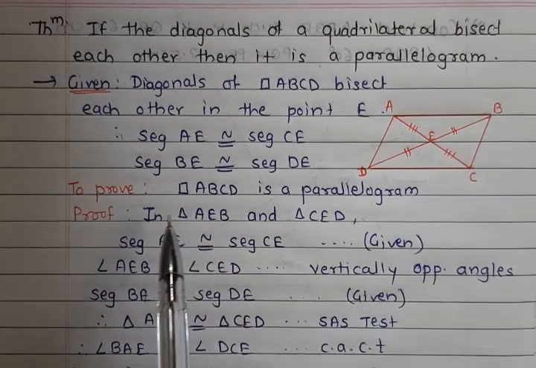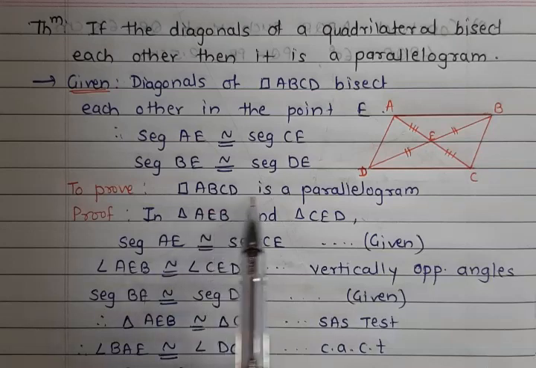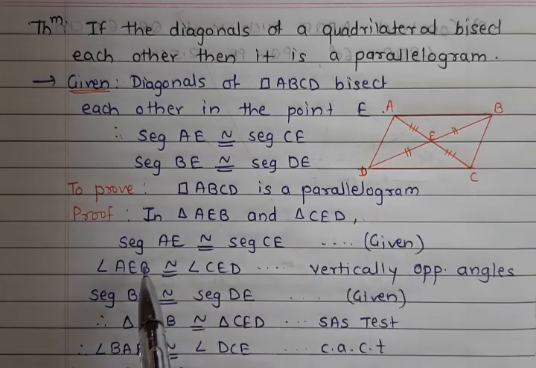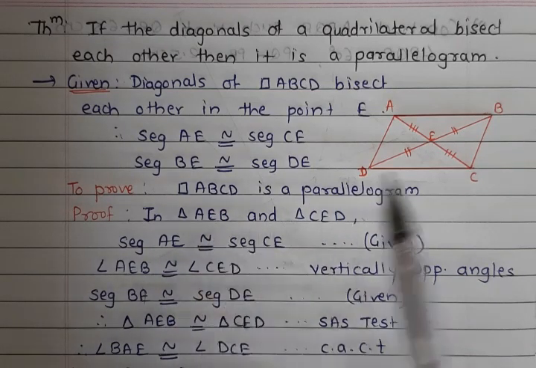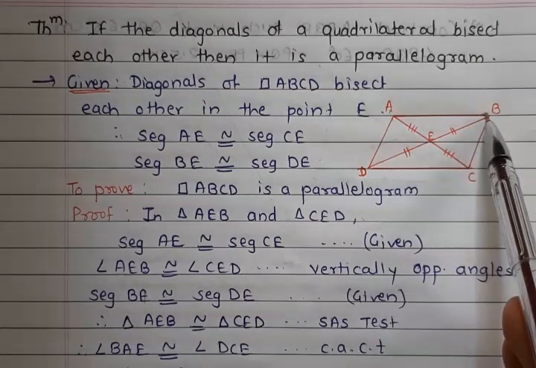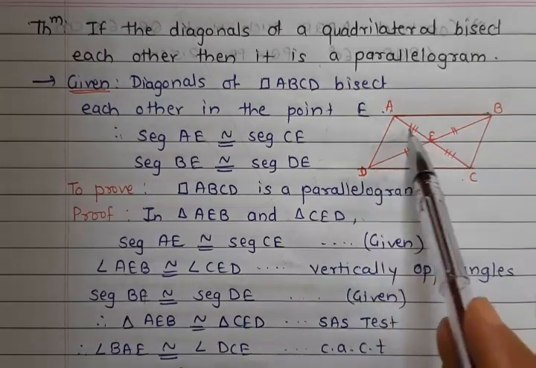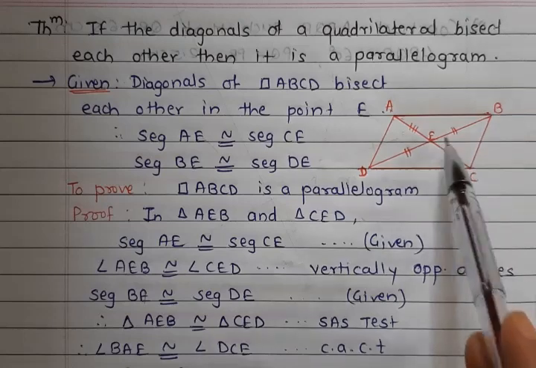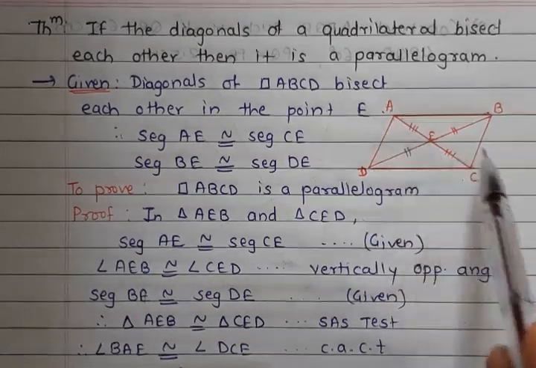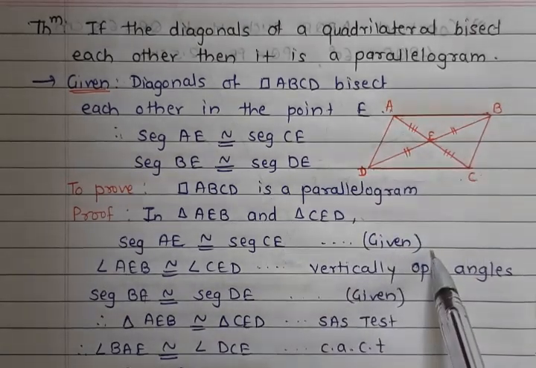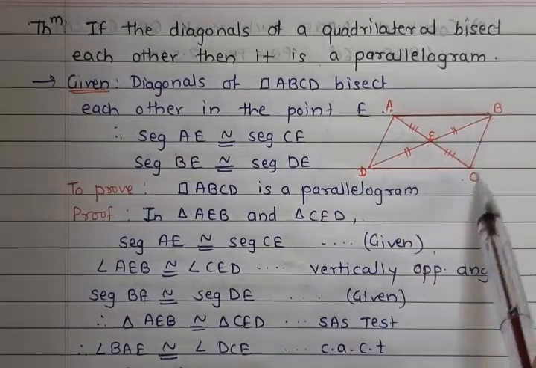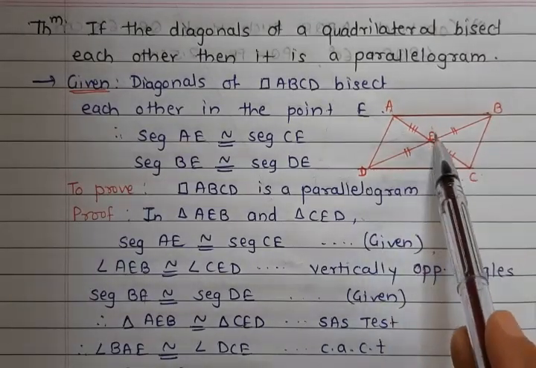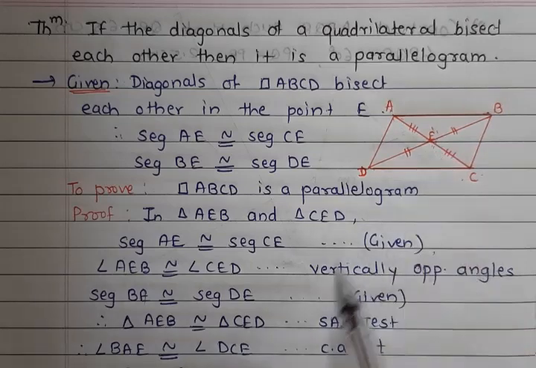Now what we have to prove here? We have to prove that quadrilateral ABCD is a parallelogram. Now see the proof. In triangle AEB and triangle CED, AE is congruent to CE, it is given. Then angle AEB is congruent to angle CED, these are vertically opposite angles.